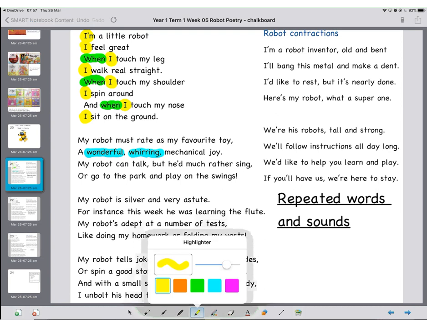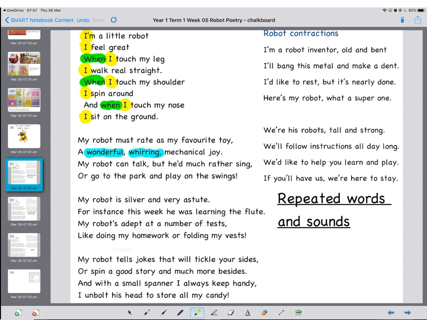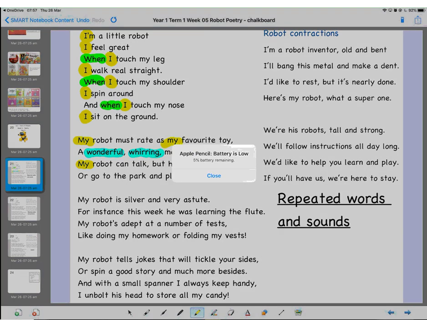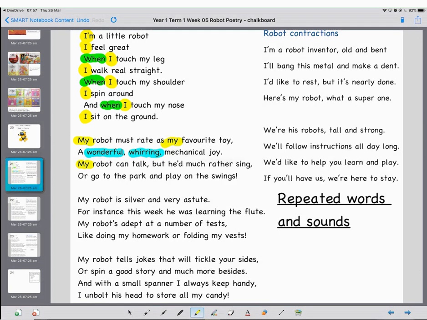Okay, so in the second poem, we've got my robot must rate as my favourite toy. So my is repeated. And then we've got a wonderful whirring mechanical joy. My robot can talk, but he'd much rather sing or go to the park and play on the swings.